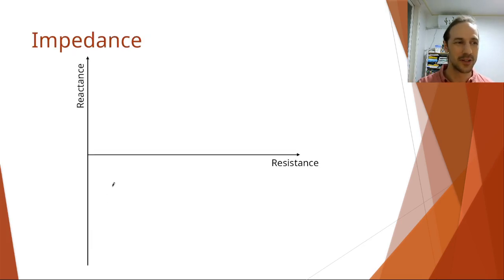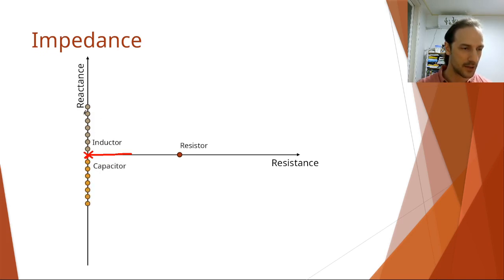How that works is that we have the resistance as the x-axis and reactance as the y-axis, and the resistor is always at this point. This is the origin, this is 0 degrees, so there is no shift, and the resistor is independent of the frequency. It's always the same resistance. On the other hand, the inductor case has a positive reactance, which depends on the frequency, and this is always up 90 degrees.